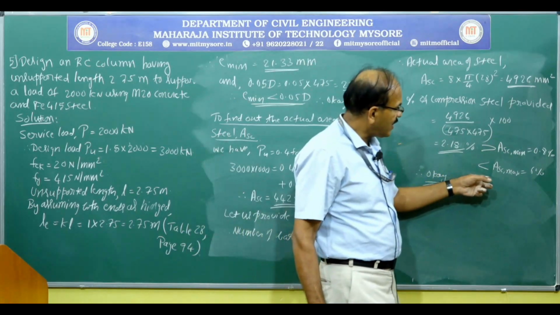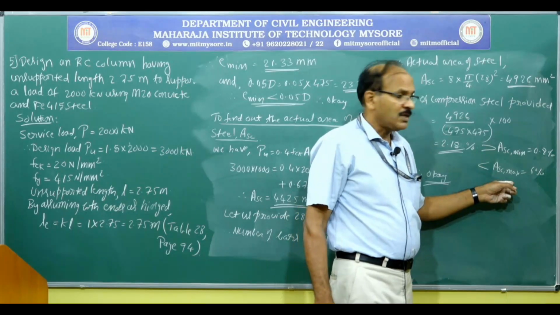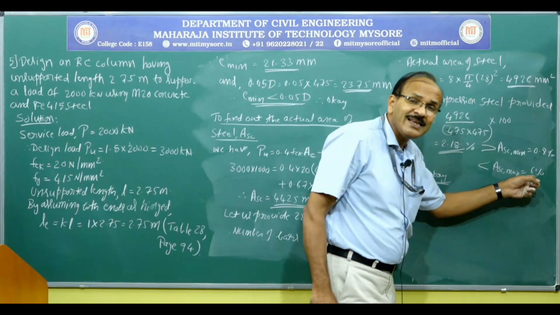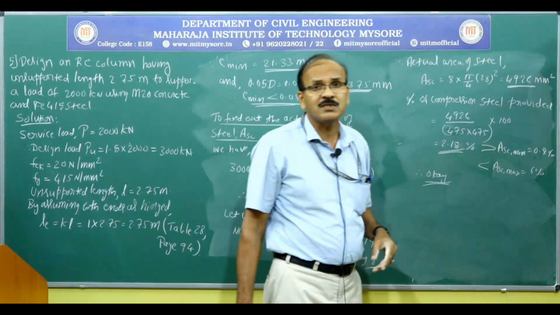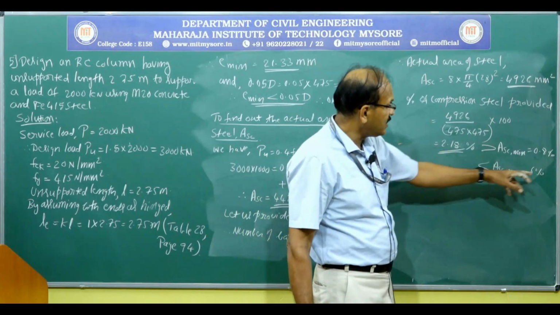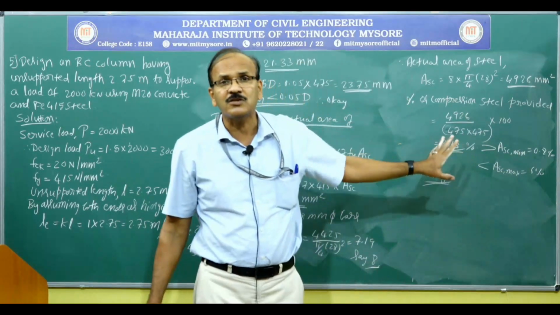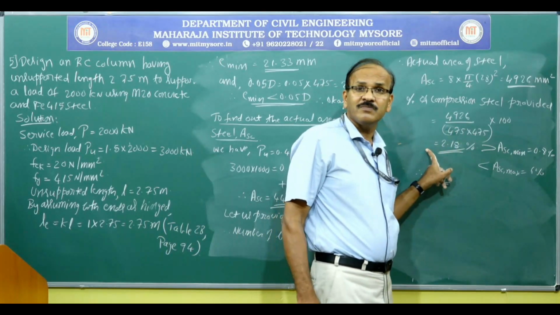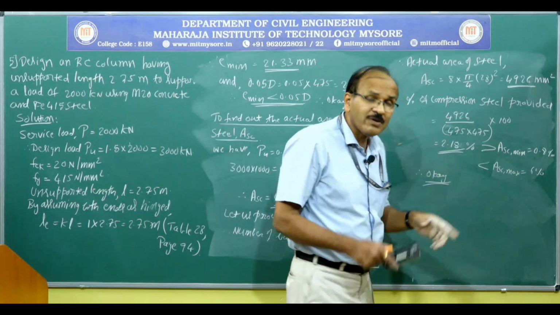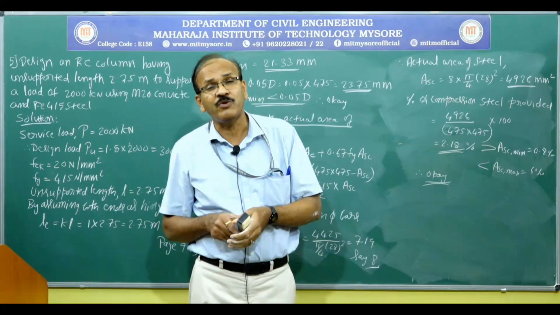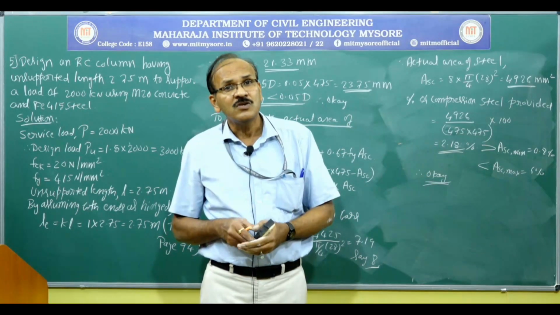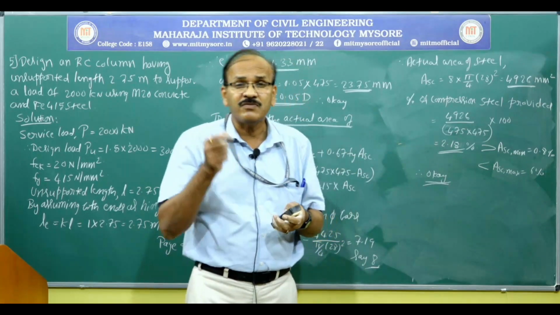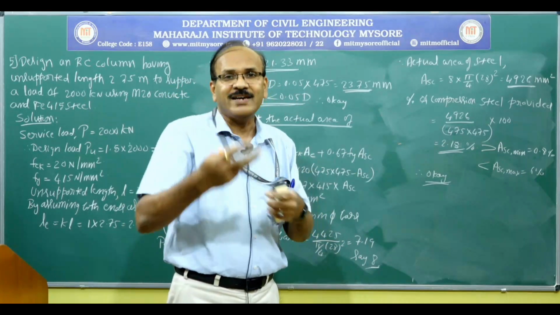So what is the other condition? ASC maximum. That means we should not provide steel in the column greater than 6%. So 2.18% is less than 6%. This is also okay. What in case we get greater than 6% here? That means whatever sectional dimensions of the column we have provided is not adequate. So increase the sectional dimensions of the column and redesign.